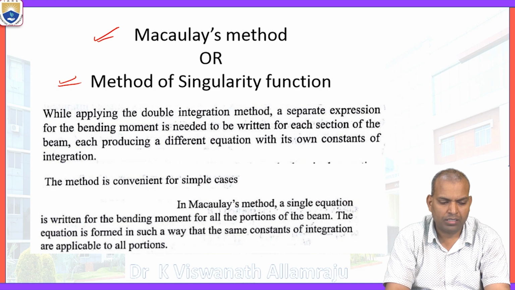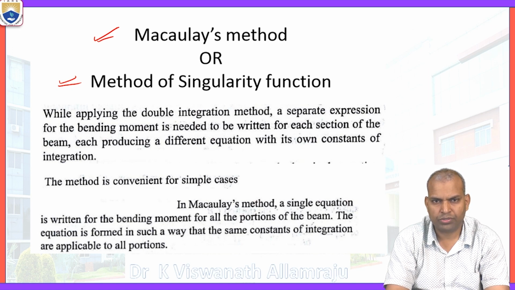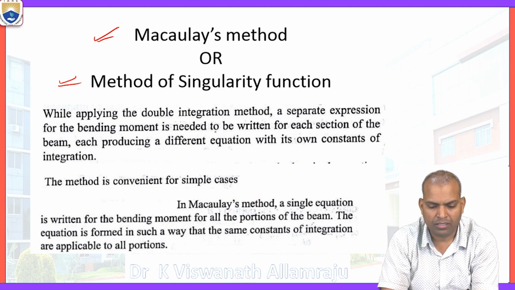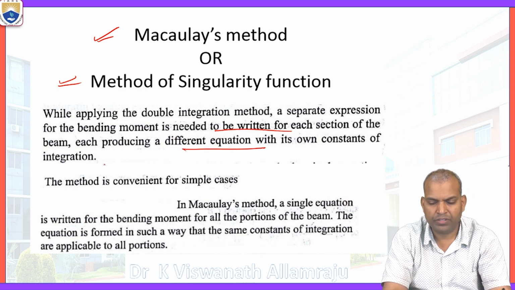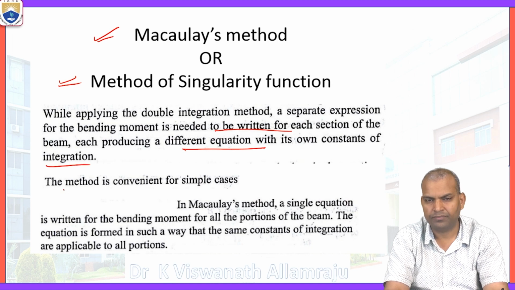While applying the double integration method for multiple concentrated loads, we have to write a number of equations. A separate expression for the bending moment is needed for each section of the beam, each producing a different equation with its own constants of integration.